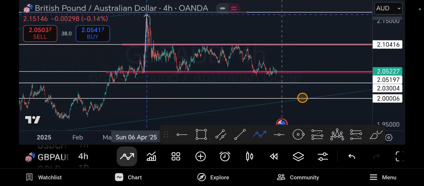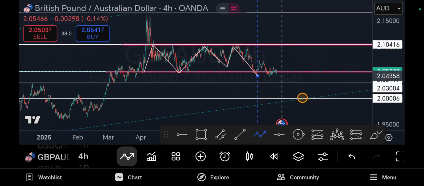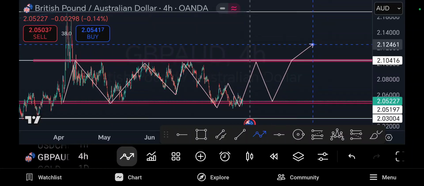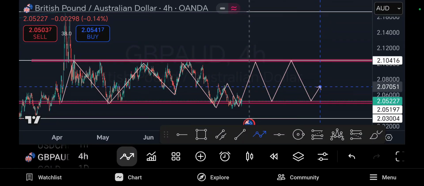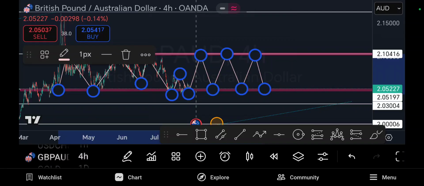Okay, let me not count this part here. Let me just come from here. You see, it gave us this, came back, came here, came here, came here. So we can expect the push here and continue so forth, and so on, until this area here.